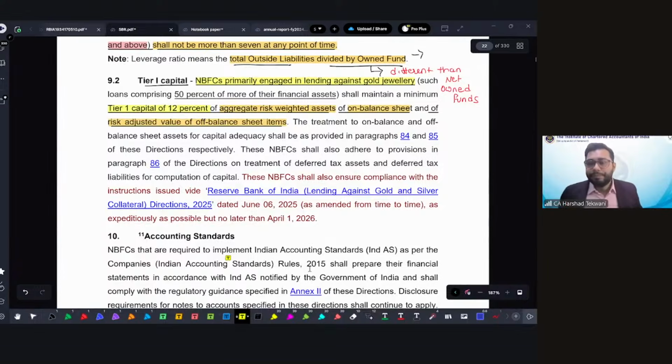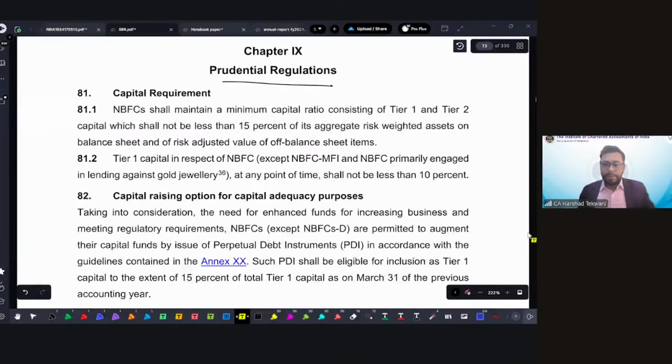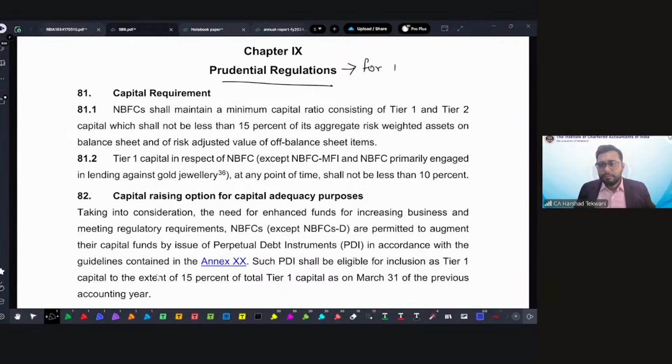Now, as we discussed, these are requirements with respect to a particular NBFC. When we go to the ML part, let me show you, middle layer one, we will see the same kind of requirements over there. These are the prudential regulations for middle layer.